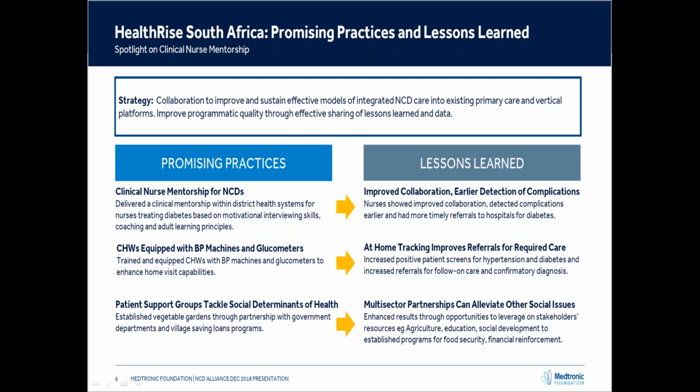And lastly, recognizing again everywhere was critical for us to address social determinants of health. And so we attempted a few things in South Africa, including community gardens and village savings and loans programs, ways that patients could access healthy foods and perhaps some income to support their families and support care management.